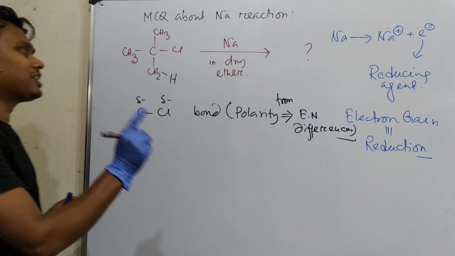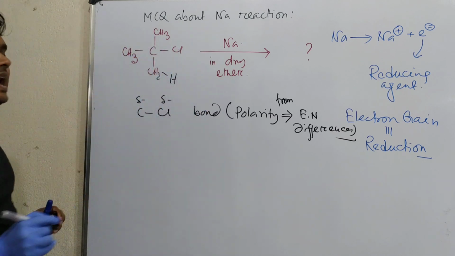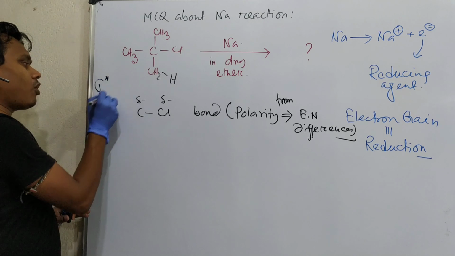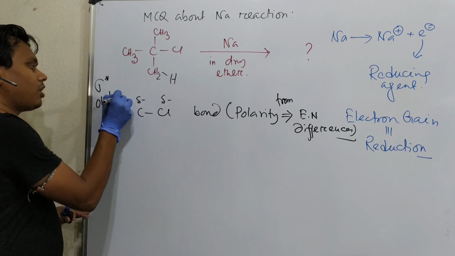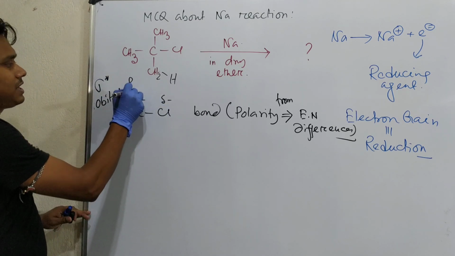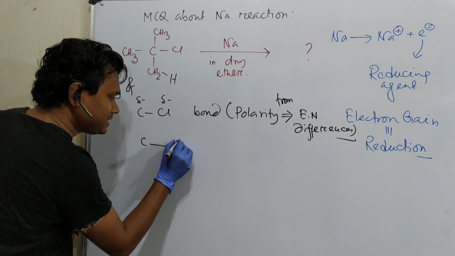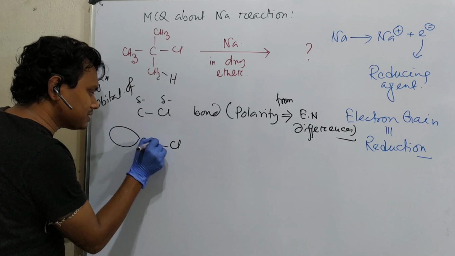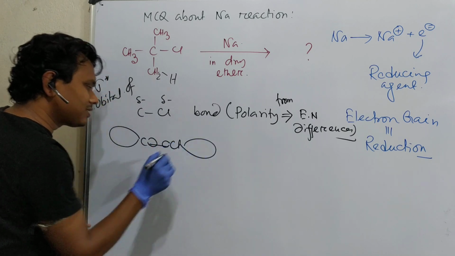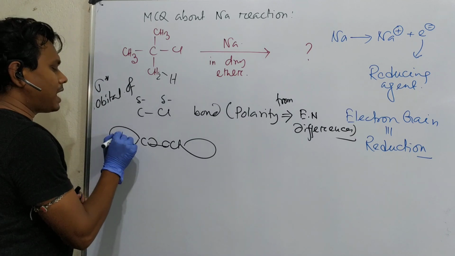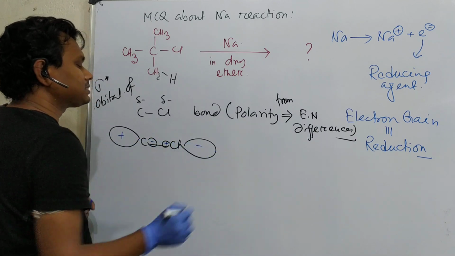Now the electron will prefer to go here, more precisely to the sigma star orbital of this bond. If you want to know how sigma star looks, it looks like this, with orbital symmetry plus minus plus minus.